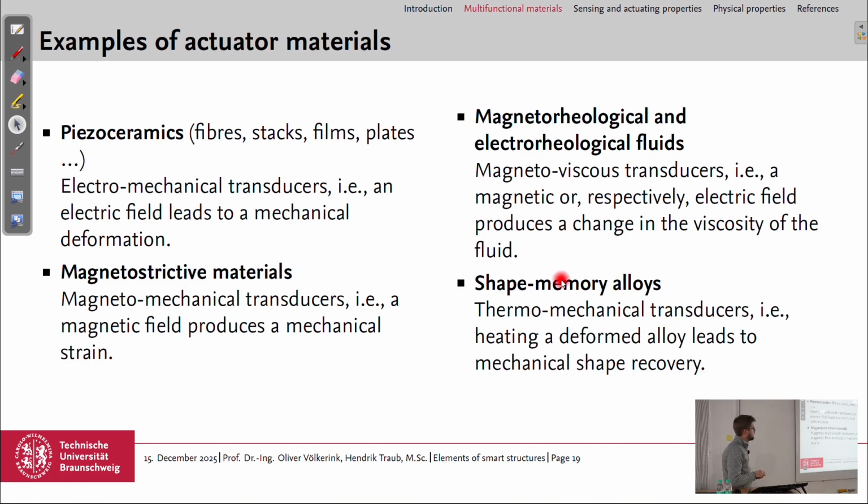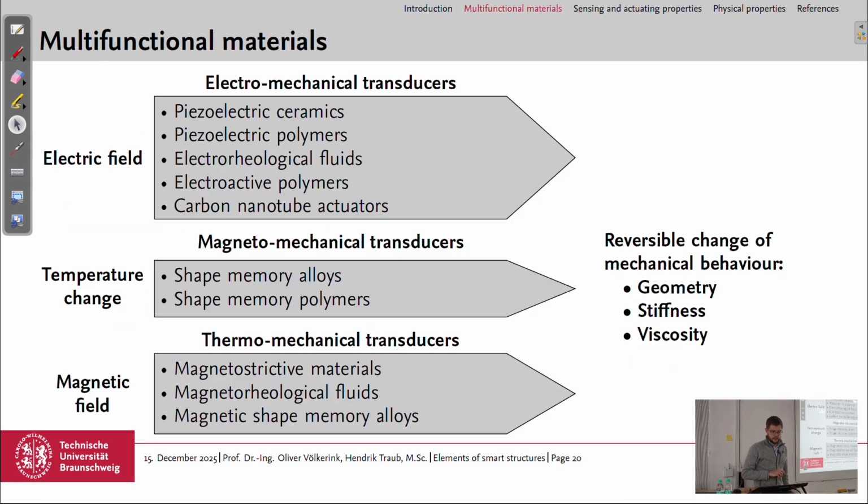We also do not go into detail on shape memory alloys in this lecture. So we will really focus on piezo ceramics and on the electroactive polymers here. As a nice overview slide for multifunctional materials, we have the different effects: electromechanical, magnetomechanical, and thermomechanical transducers.